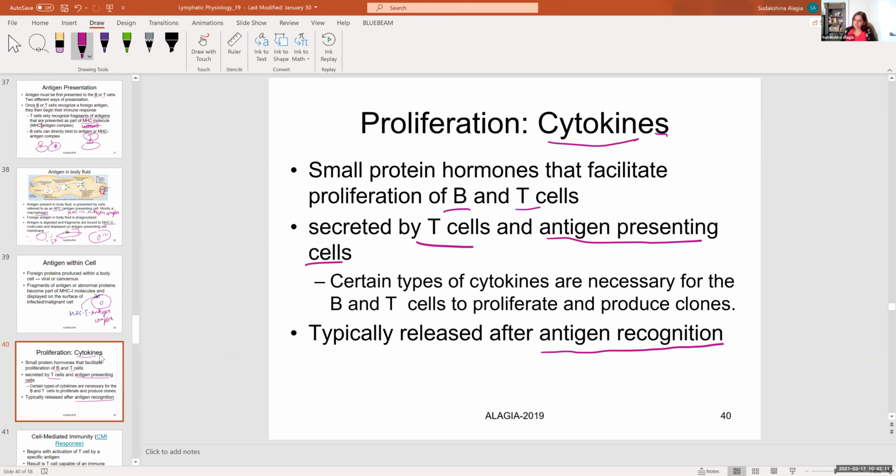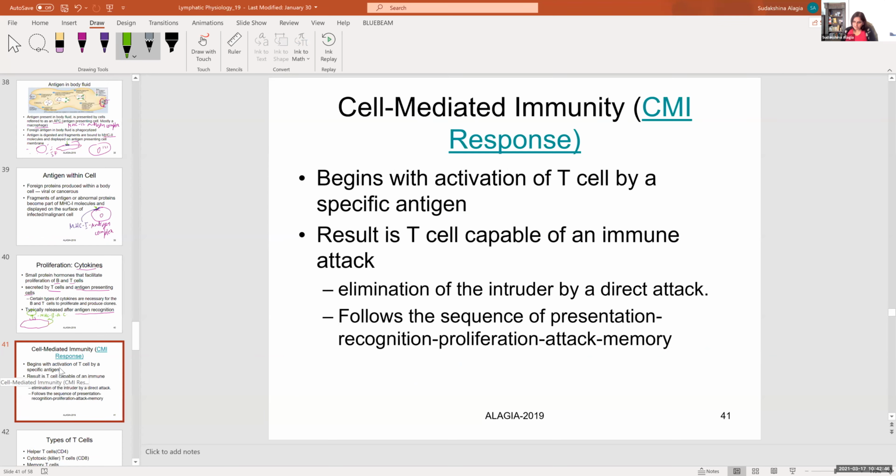Typically after antigen recognition, let's say this is a macrophage displaying an MHC2 antigen complex. Once a matching cell, meaning a cell with a matching receptor, binds to this, then this APC itself will secrete the cytokine. Put that together.